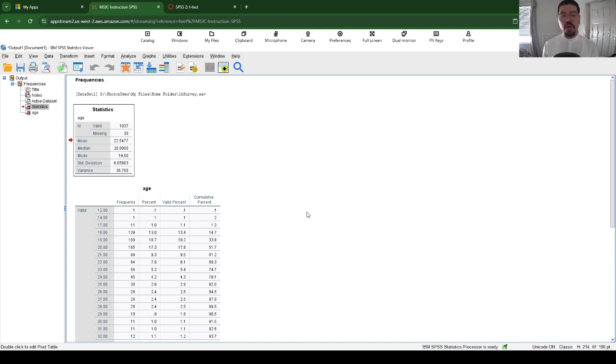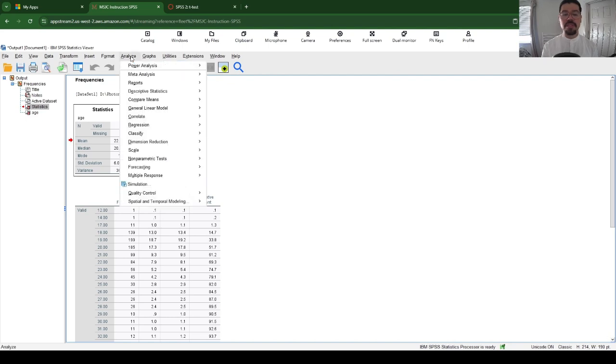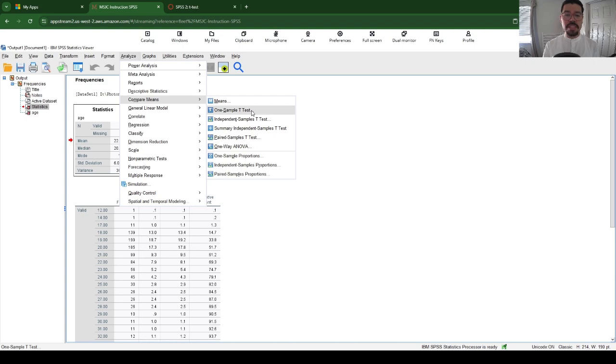Okay, so remember that the focus is: is there a significant difference between our sample mean age versus the population mean age of a community college student? So we'll come up to this Analyze button. We'll come down to Compare Means. You're going to find that our one sample t-test is available, our independent samples t-test is available.